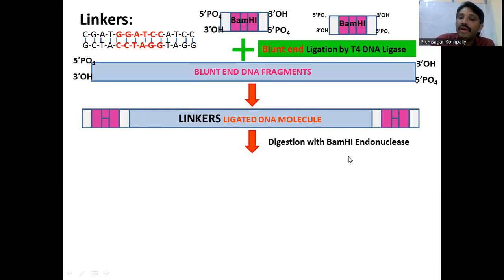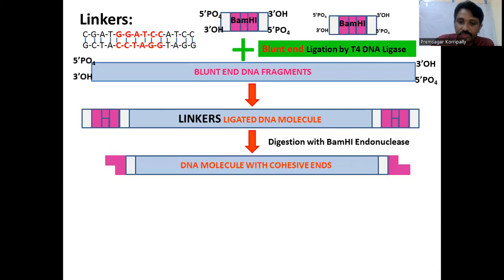So we use the BamHI restriction endonuclease to cleave the restriction site in the linker and to form cohesive ends. After digestion, the BamHI endonuclease acts on the BamHI site in the linker and forms the cohesive ends. You see, a DNA molecule with the cohesive ends.